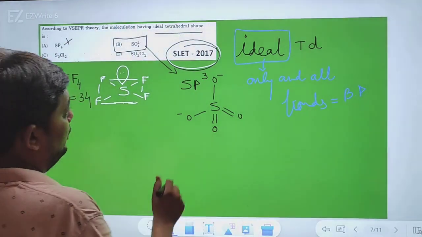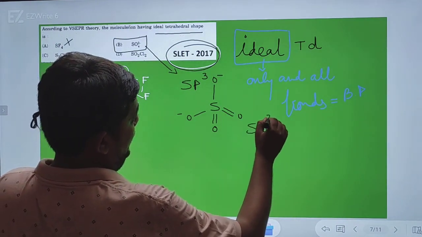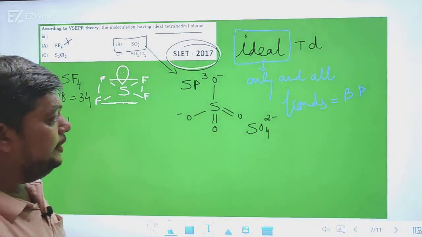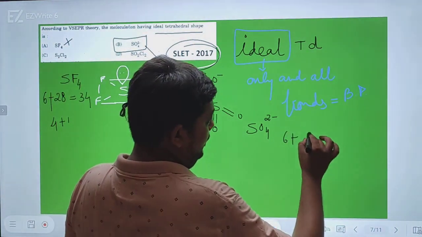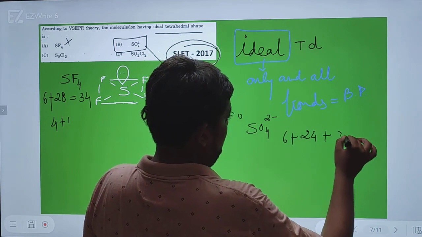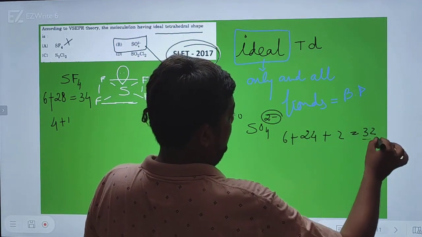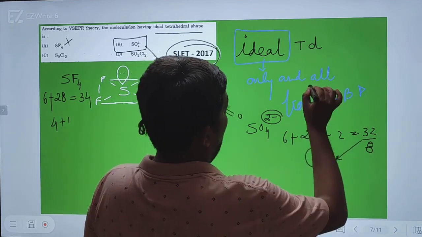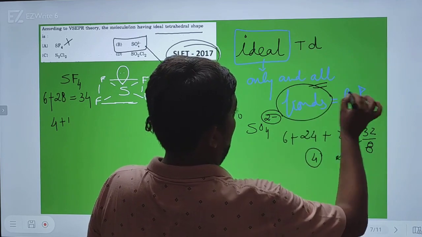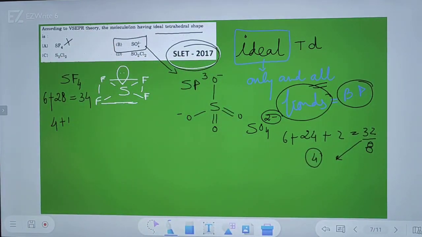But remember one thing, SO4 2-, sulfur has 6 electrons, each oxygen has 6, so 24, and plus 2 excess, so total of 32, and when the total is 32 and you divide it by 8, you get a perfect 4. All bonds are bonding pair.